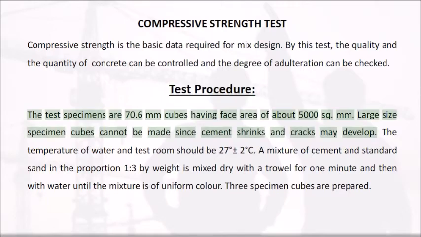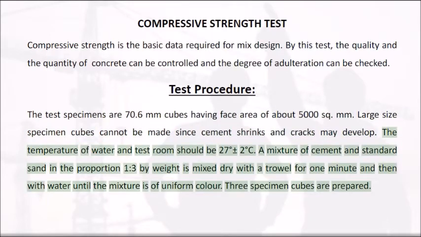The test specimens are 70.6 mm cubes having face area of about 5,000 square millimeter. Large size specimen cubes cannot be made since cement shrinks and cracks may develop. The temperature of water and test room should be 27 degrees plus or minus 2 degrees Celsius.